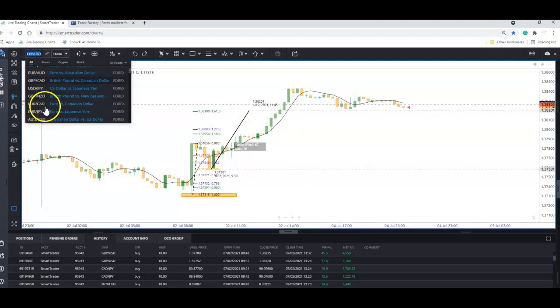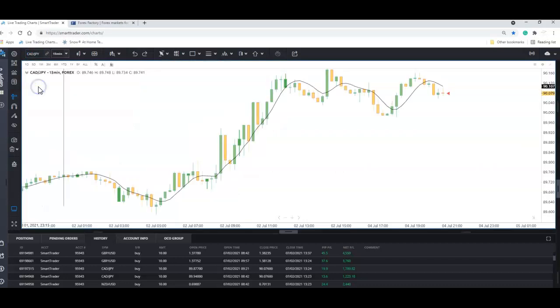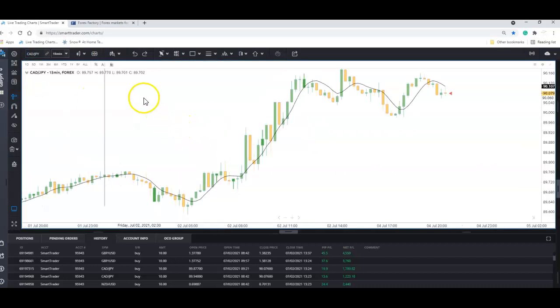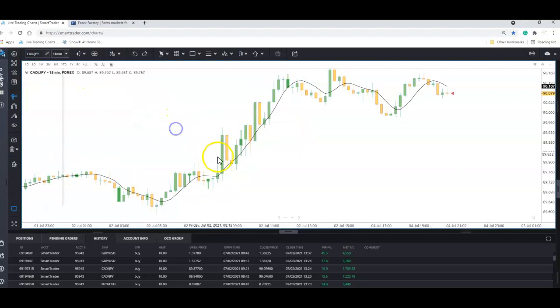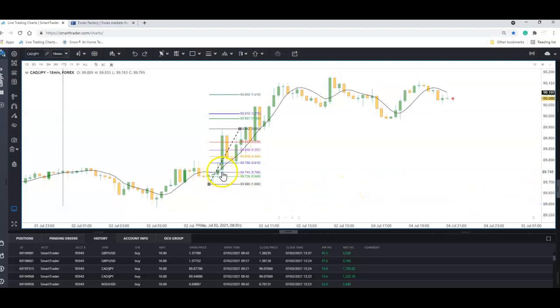The other trade was CAD yen. Again, there's the 15-minute candle. Sometimes what I'll do is just take my Fibonacci tool and draw it from the lowest swing point close to that 8:30 time frame.